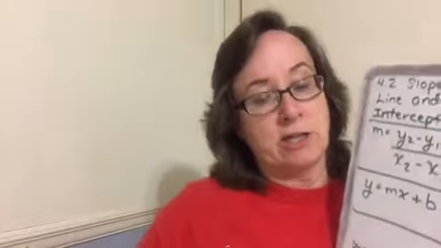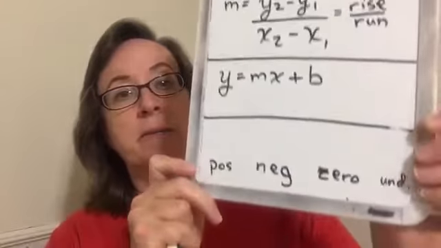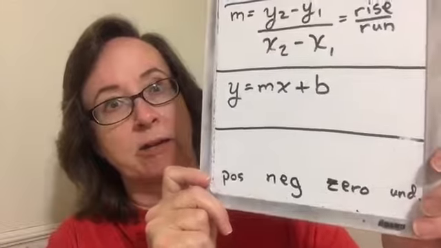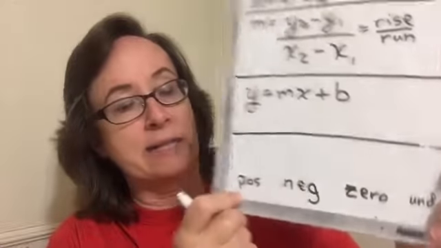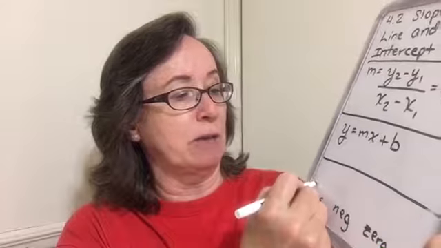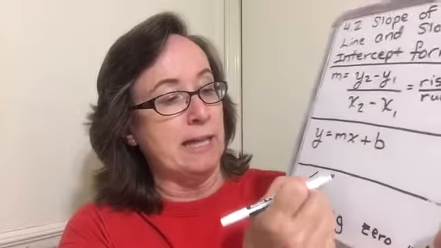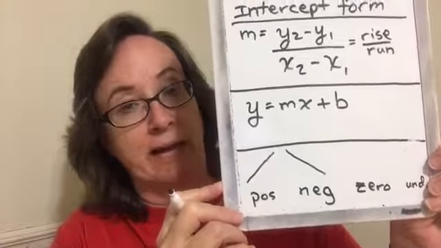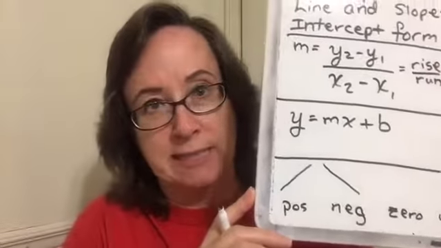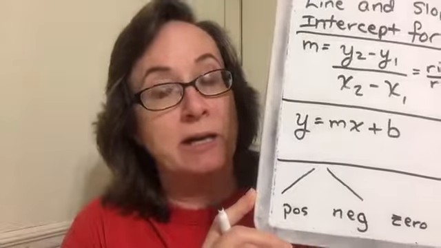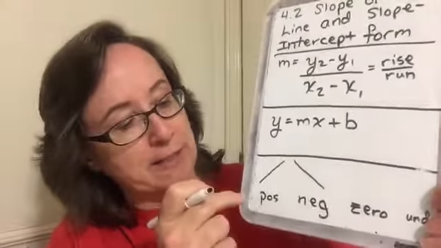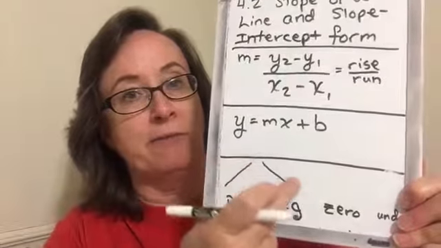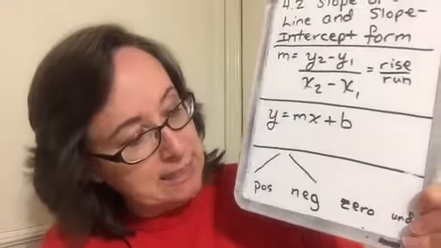Also in this section there are just some things we ought to know about slope. A positive slope is going to climb from left to right, and a negative slope will decline from left to right. Okay, so we read a slope just the same way we would read a book, left to right. So if it is climbing, it is positive. If it is declining, it is negative.